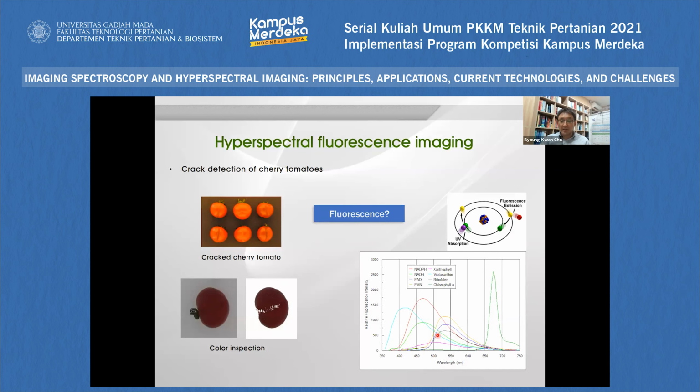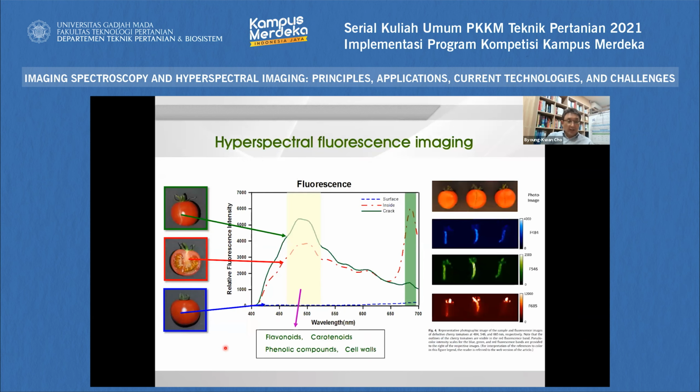So in this way, there is spectral emission. It depends on chemicals. So see, the outside of the cherry tomato is a wax area. In the wax area, there is no fluorescence. This is the blue dotted line. There is no fluorescence.